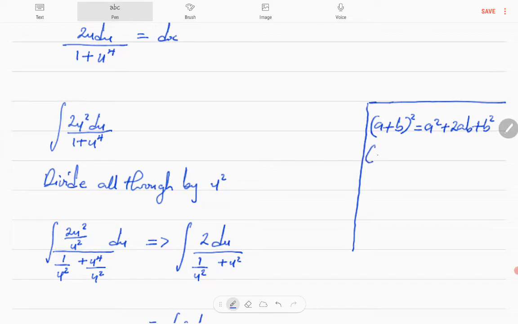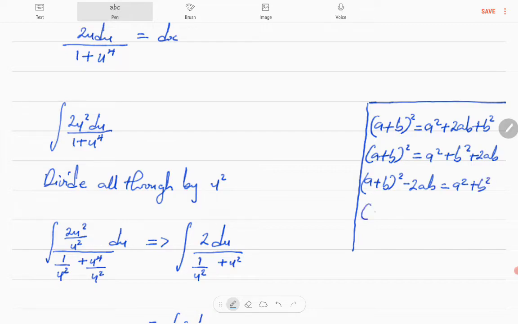And bringing plus 2ab to the other side, you're going to have a plus b whole squared minus 2ab is equal to a squared plus b squared.